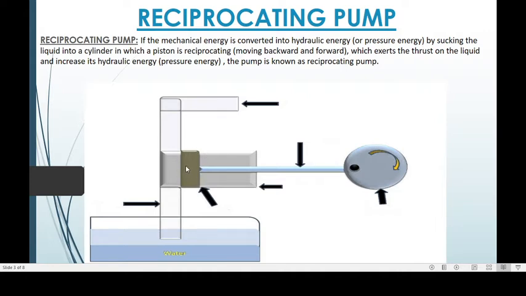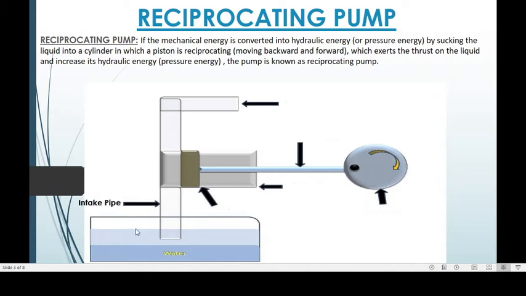Reciprocating means it is moving backward and forward, which exerts a thrust on the liquid and increases its hydraulic energy, that pump is known as a reciprocating pump. Thus the hydraulic energy of the liquid is increased and it is transferred into the delivery pipe.